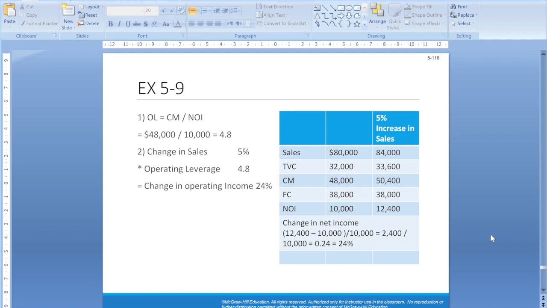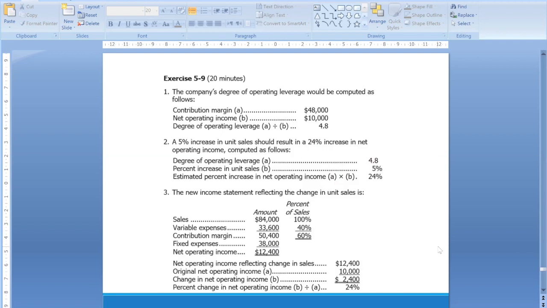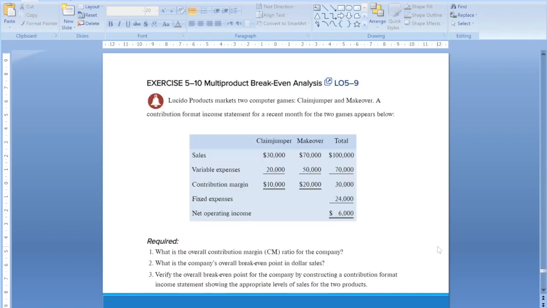The multi-product break-even point, maybe the last one. Multi-product break-even analysis. Lucido Products markets two computer games, Claim Jumper and Makeover. A contribution format income statement for the recent month for the two games appears below.